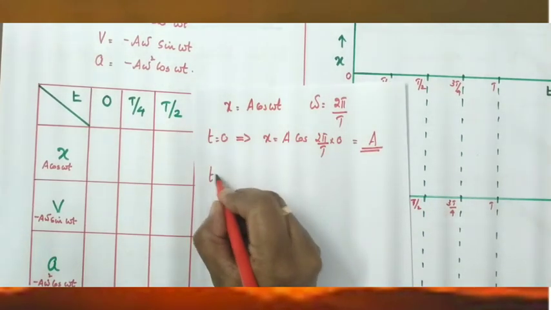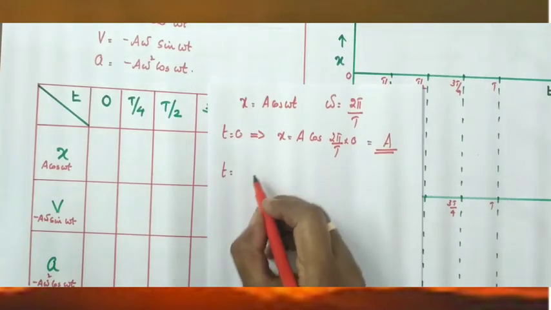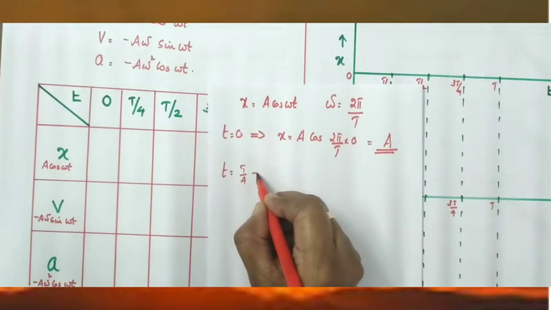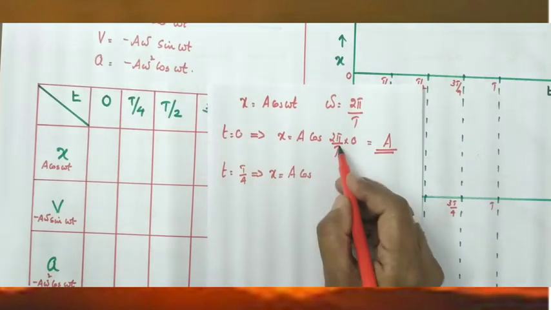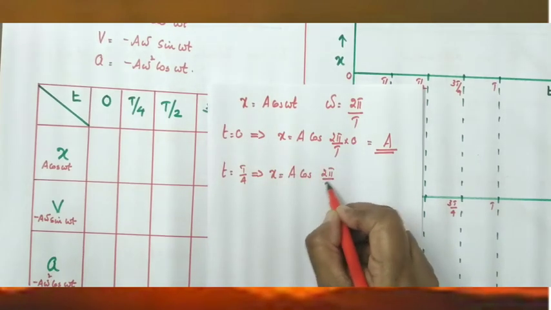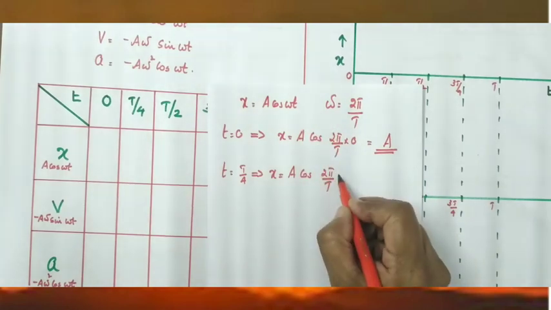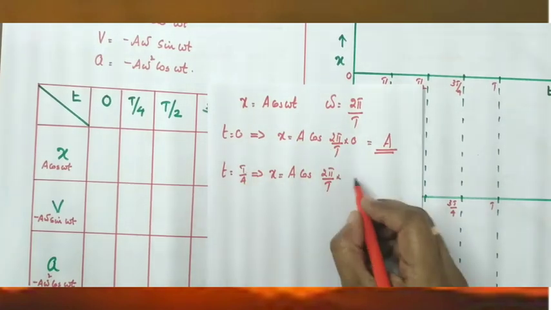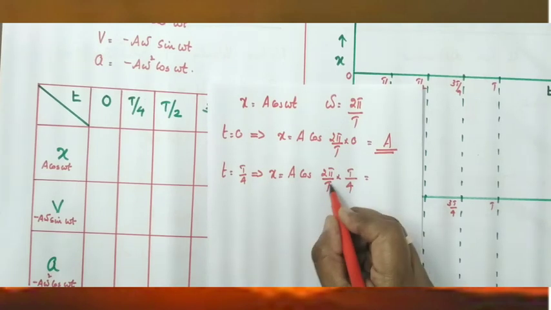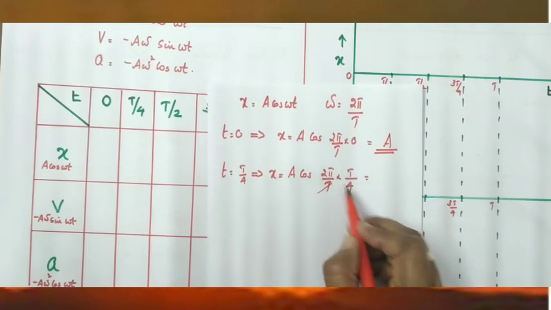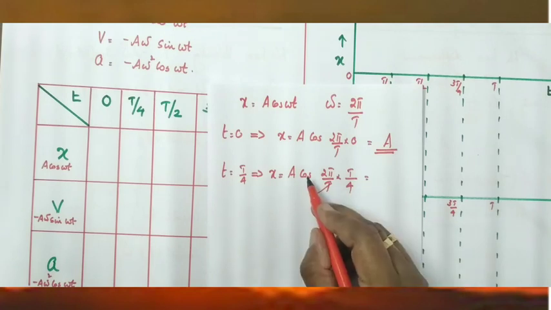Now the next time is T by 4. In that case x is equal to A cos(2 pi by T into T divided by 4). T gets cancelled, and it becomes pi by 2. So what is cos pi by 2?